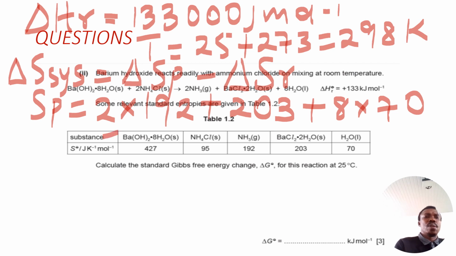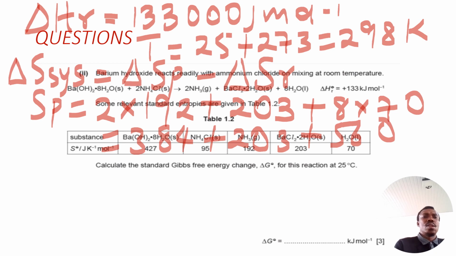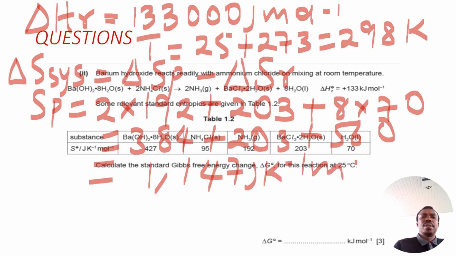So it will now be 384 (2 times 192 is 384), plus 203, plus 8 times 70, which is 560. So by the time you add it, you have 1147 joule per Kelvin per mole, which is the entropy of the product.